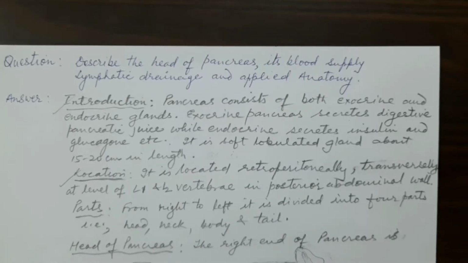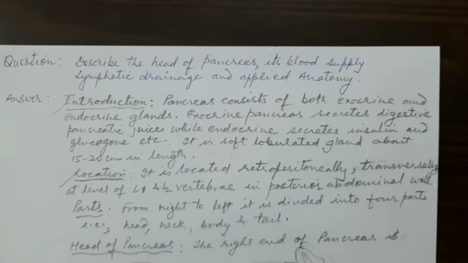The location of this gland is retroperitoneal. That means it is behind the peritoneum, the parietal peritoneum. As I said, it is transversely oriented in the posterior wall of the abdomen, at the level of the L1 and L2 lumbar vertebrae.